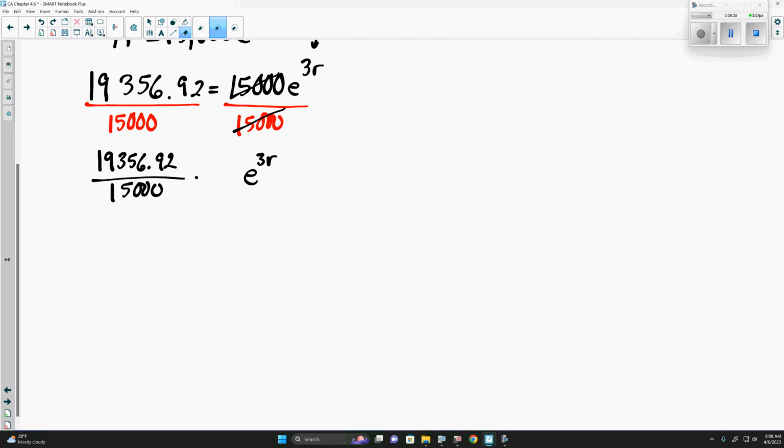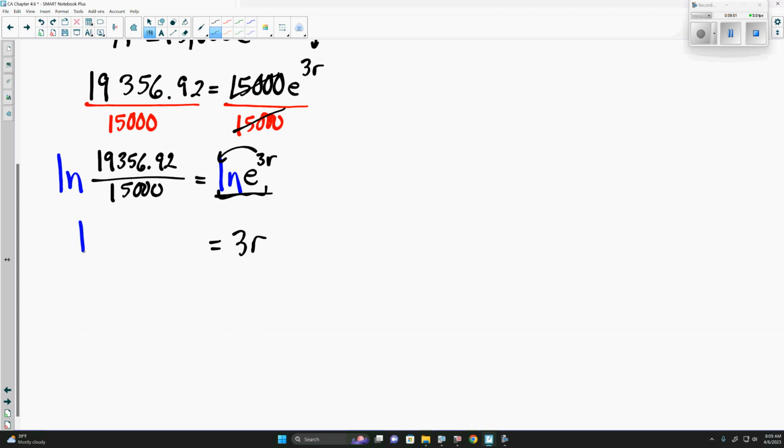Now, the next thing we can do is to get rid of the E. Well, the only way to get rid of the E is to apply an ln. Because ln of E to the 3R comes to the front, and ln of E is 1, leaving us with 3R.